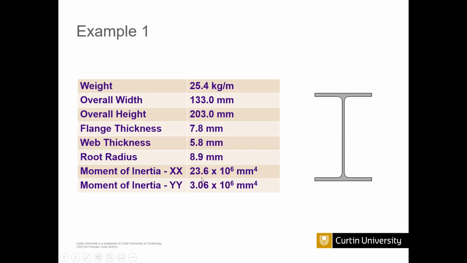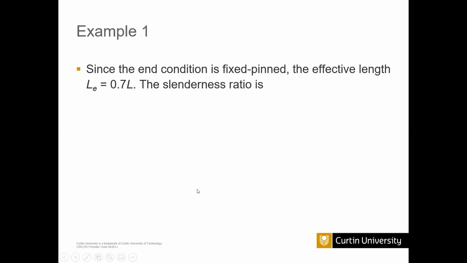Moment of inertia in the y direction is given. Since the end condition is fixed, for the effective length definitely we cannot consider LE equals L. In here they didn't provide that value, so we will consider 0.7.